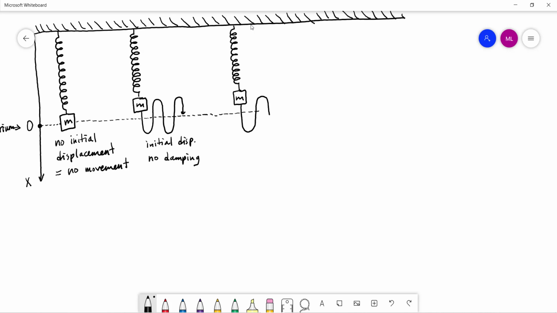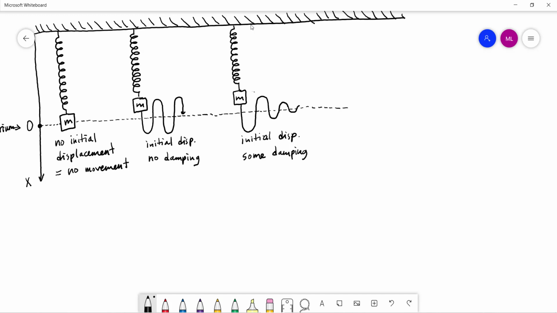And then when it oscillated the next time, it would get less and less and less. Hopefully you can see this, the heights of the oscillations are decreasing over time. So this is sort of what we would expect to see. Again, given some initial displacement, but now there's some damping. Not necessarily strong damping, but some.